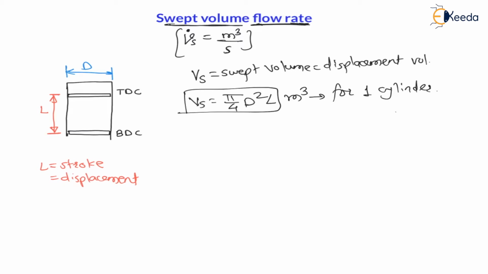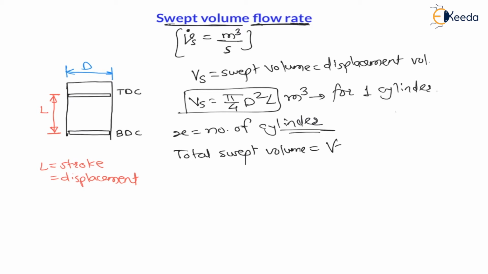And let us say there are such x number of cylinders. As one cylinder will sweep the volume of pi by 4 D square L, therefore for x cylinders the total swept volume, let us say Vs, which for one cylinder is pi by 4 D square L, and there are x cylinders, therefore we have to multiply with x.